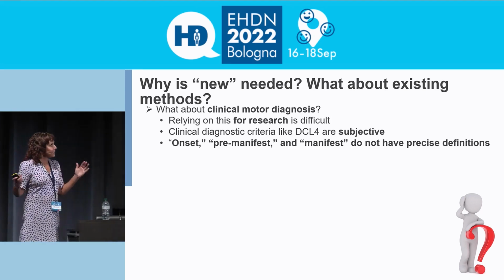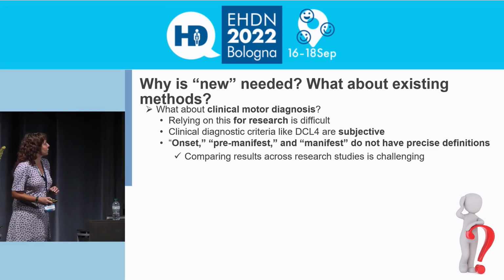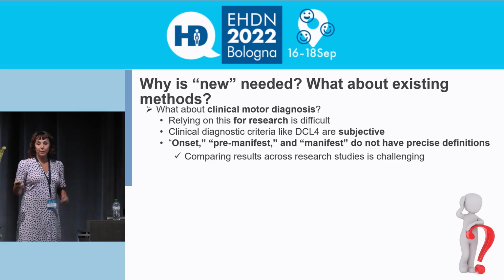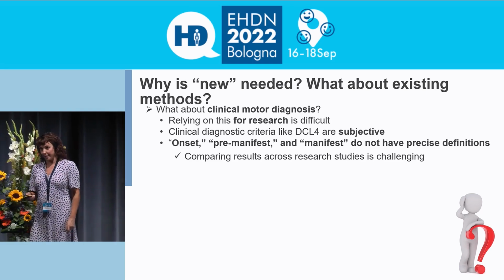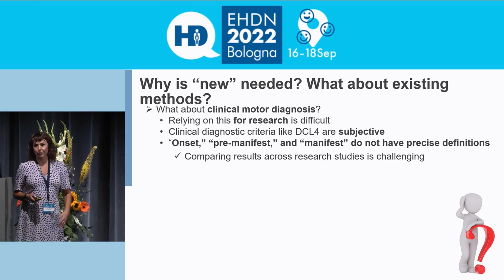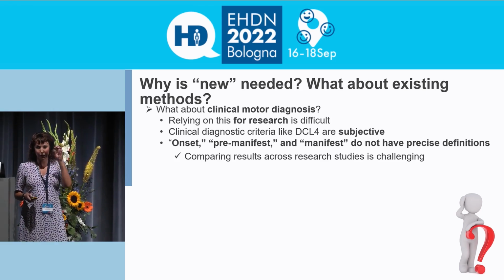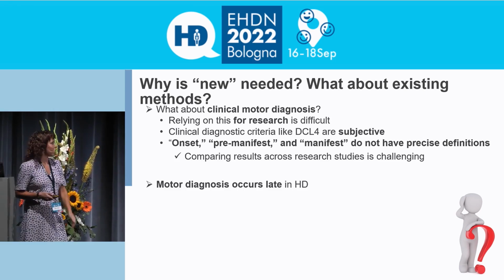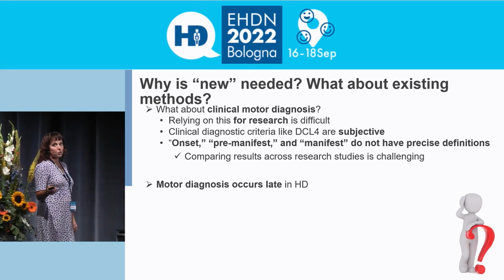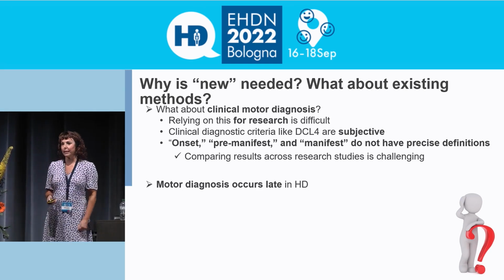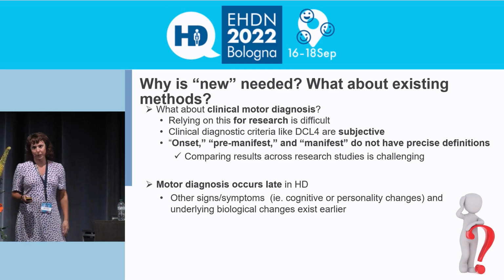So we need to have precise definitions, and we need to be able to compare research results, and that's how the cancer field went forward, because they were able to directly compare trial after trial. We know that motor diagnosis occurs relatively late in the lifespan of a person with HD.